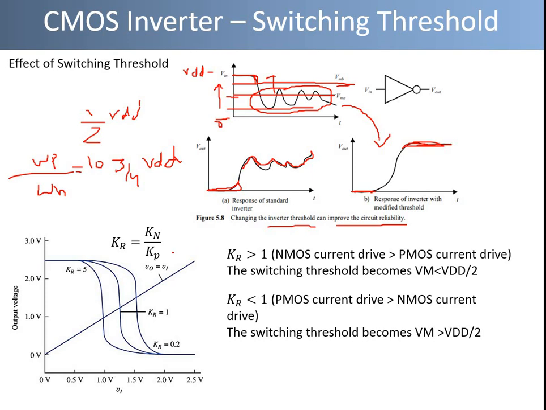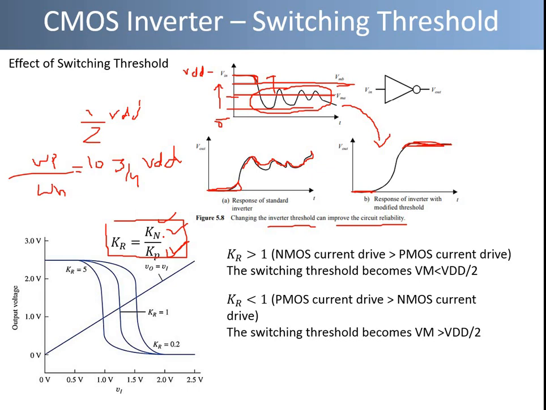This graph shows the effects of gain factors of NMOS and PMOS transistors on the switching threshold of the inverter. Let us define a quantity Kr, which is the ratio of gain factors of NMOS and PMOS transistors. If Kr is greater than 1, it means the gain factor of NMOS is greater than the gain factor of PMOS, and we have already discussed that the gain factor means the driving strength of a particular transistor.